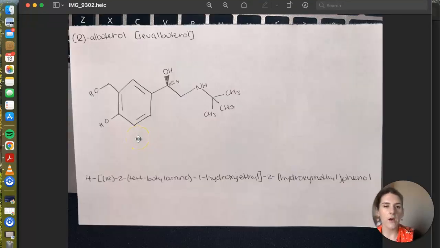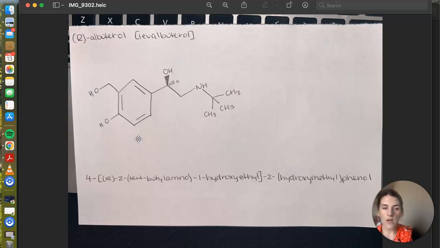Now the interesting fact about albuterol is in the ICU setting, we actually give it as a racemic solution. So we have 50% of the 2 enantiomers that consist of albuterol. So there is R-albuterol and then there's S-albuterol.